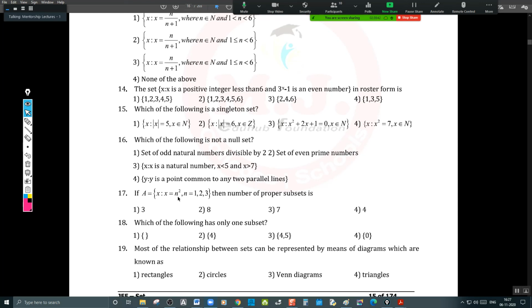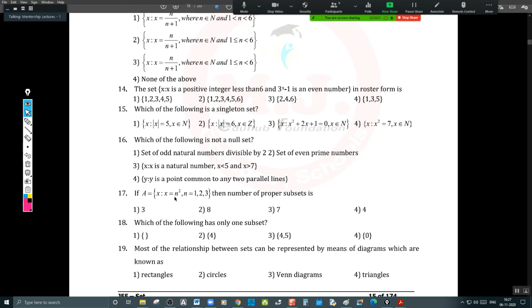For 1, 4, 9, the proper subsets are 2 cube minus 2. What is 2 cube minus 2? 6. That's it. Correct only.